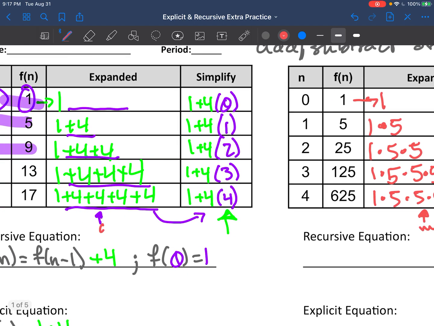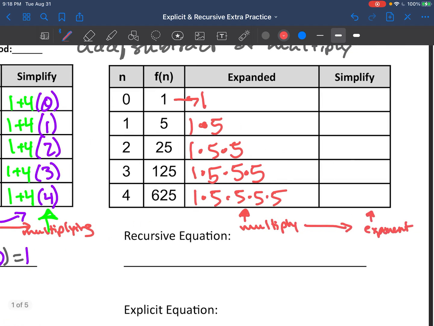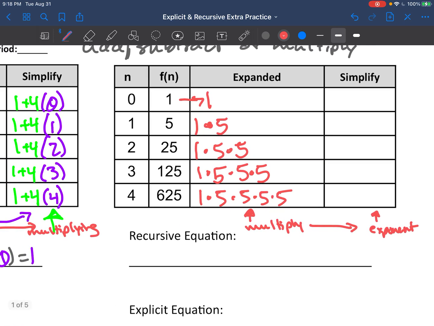If you add or subtract in your expanded, you're going to do some multiplying. Okay? So let's look at this. 1 we don't multiply 1 more than once. Then we have times 5, but we multiplied by 5 in this row 4 times. So I'm going to have an exponent of 4.